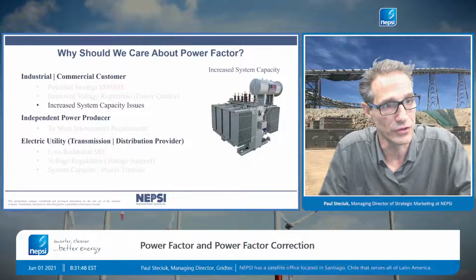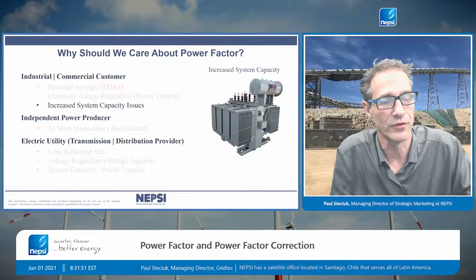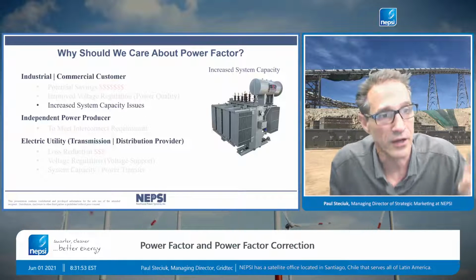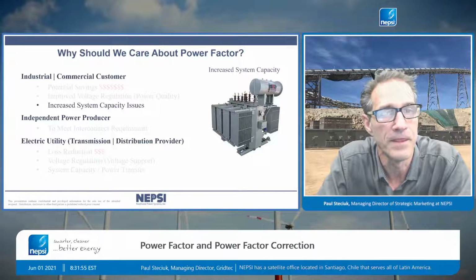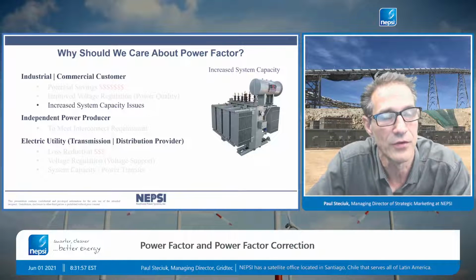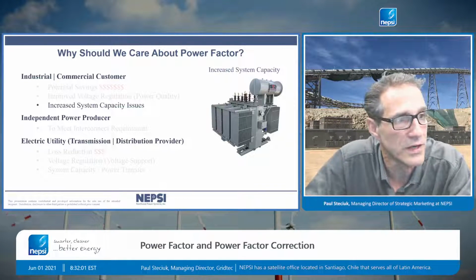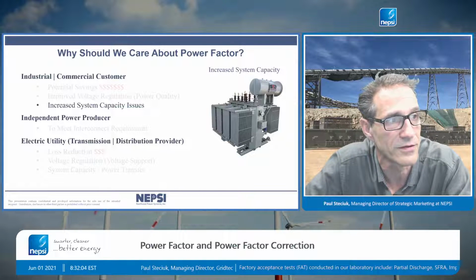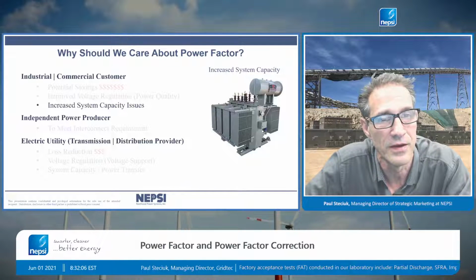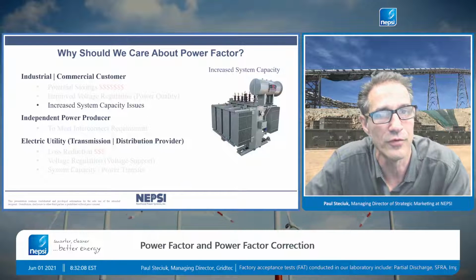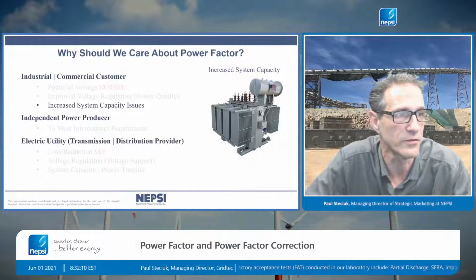So I had to put in a larger conductor and a larger transformer to supply that load. So you can add a capacitor bank at the load and reduce the kVA, or reduce the reactive power flow through the line, and therefore reduce the size of the conductors. So increased system capacity is another concern. You can get away with a smaller transformer if you have a good power factor.